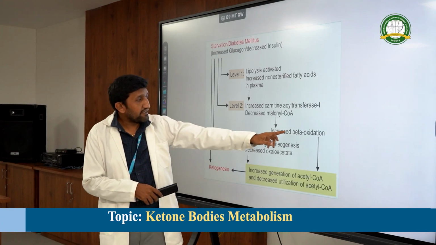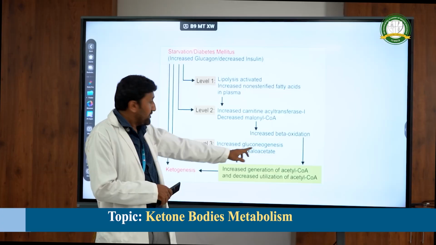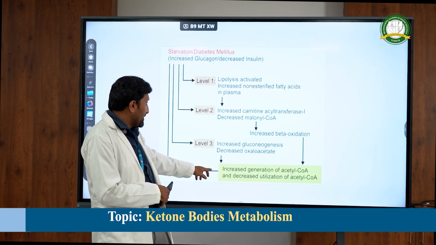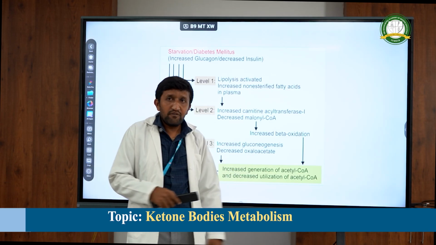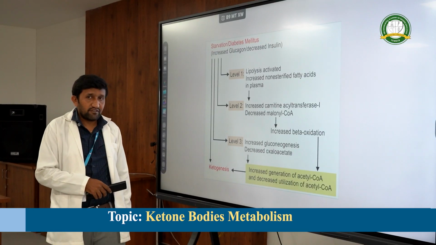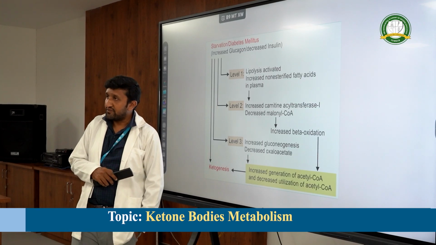When beta oxidation increases, more acetyl CoA is obtained. This more acetyl CoA will enter the formation of ketone bodies, which increases ketogenesis, and it will cause ketosis.